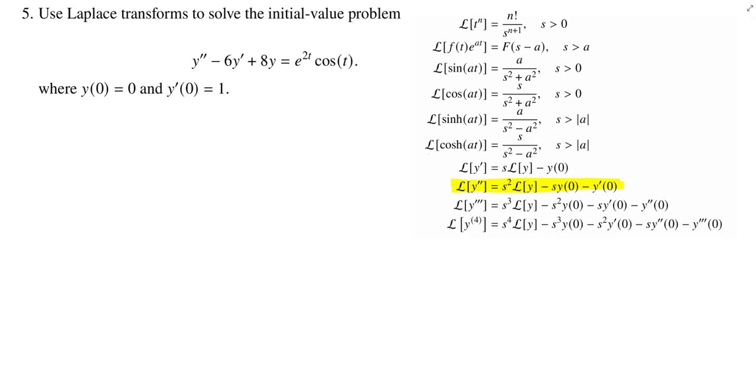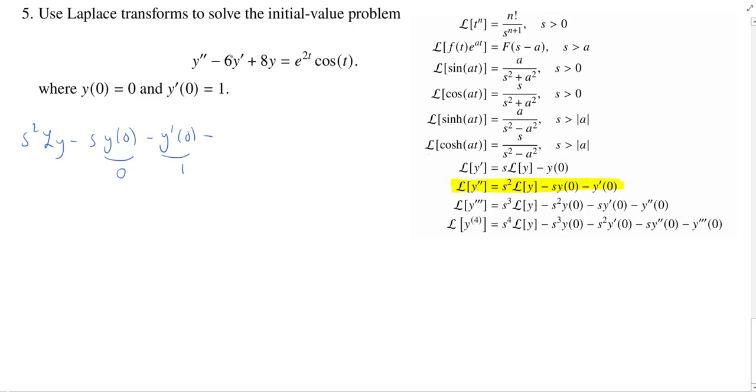So here we go. I have s squared times the Laplace transform of y minus s times y of 0, which we know is actually 0, minus y prime of 0. And again, we see that's equal to 1.